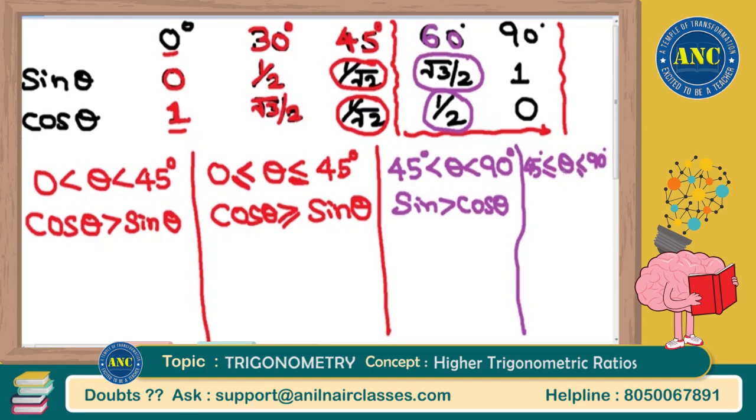For greater than 45, sin theta will be greater than cos theta, right? But when it becomes equal to 45, sin and cos both are the same. Sin theta will be greater than or equal to cos theta.